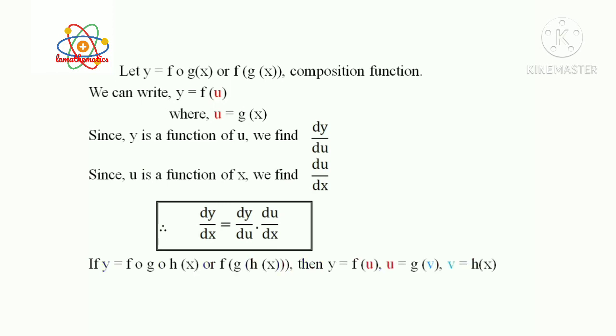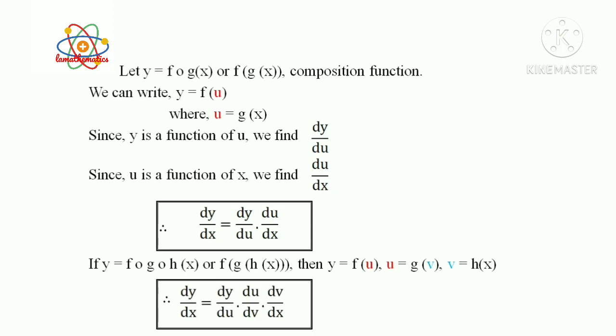If y = f∘g∘h(x), or f(g(h(x))), then we can write y = f(u), where u = g(v), where v = h(x). Here y is a function of a function of a function of x. That is, y is a function of x.